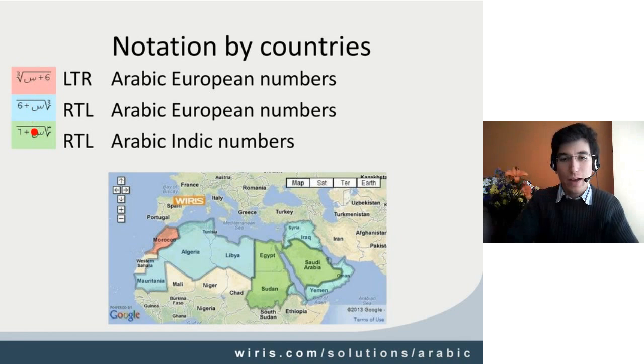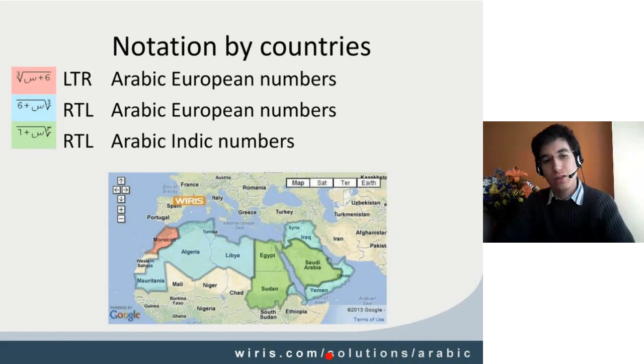So today you have to go to the WIRIS configuration file and set it yourself. You cannot read the Moodle parameter because there is not enough precision in the Moodle parameterization to differentiate between these three ways of working on mathematics in Arabic, right?